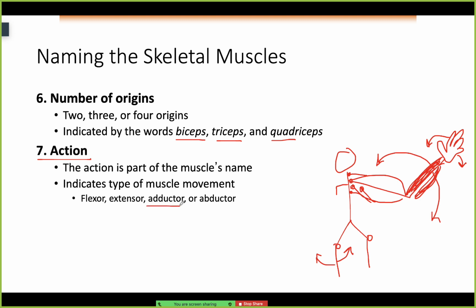There's adductor muscles that are usually found in this inner femoral region, and they help you adduct your thigh towards your medial line, or there's abductor muscles, which are found on the outside of your thigh that help you abduct your thigh out and open that pelvis up. So the names of muscles, you'll start noticing that they're pretty easy to remember because the names actually tell you where they are and what they do.